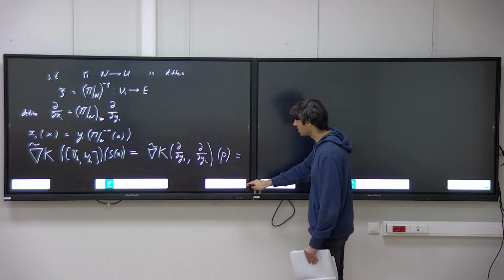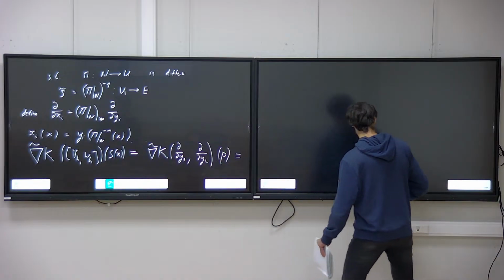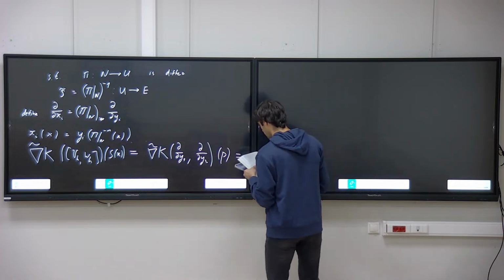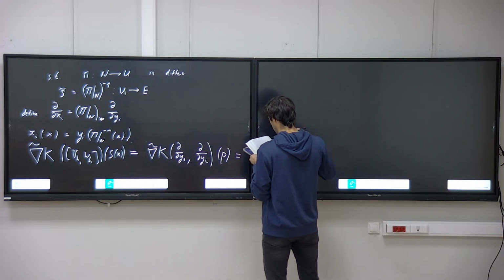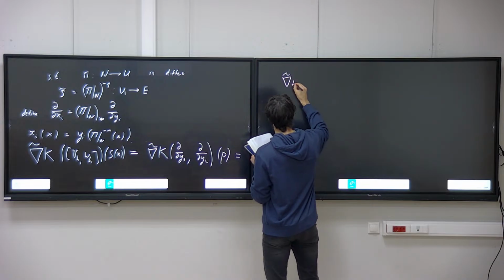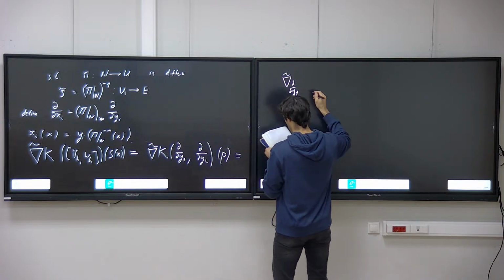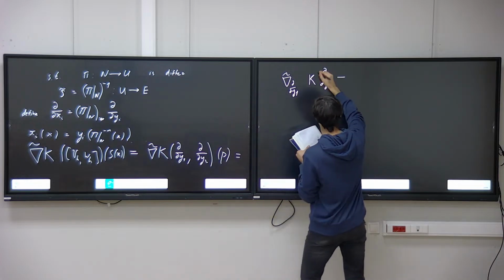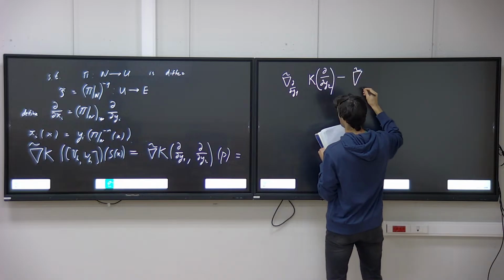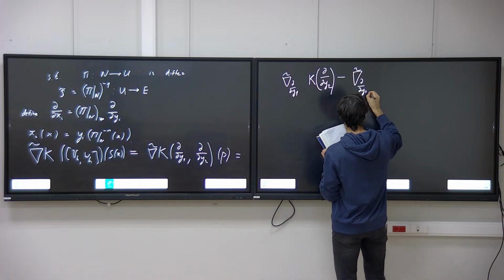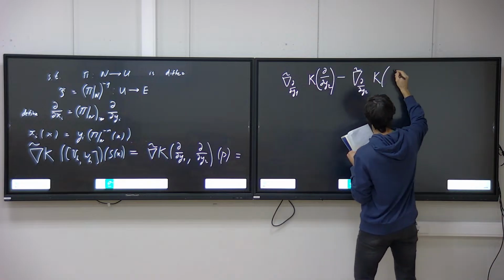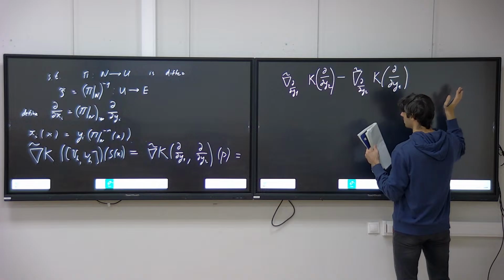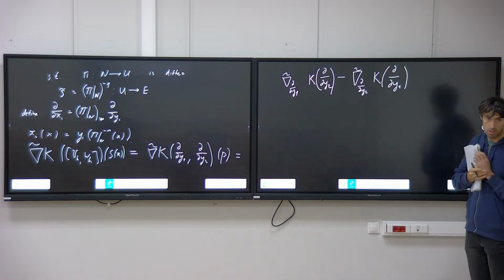So where am I? I'm here. So now I'm applying the same claim once again. So I have nabla tilde of d over dy1, K of d over dy2, minus nabla tilde of d over dy2, K of d over dy1. And that's it, because the commutator of dy1 and dy2 is 0.